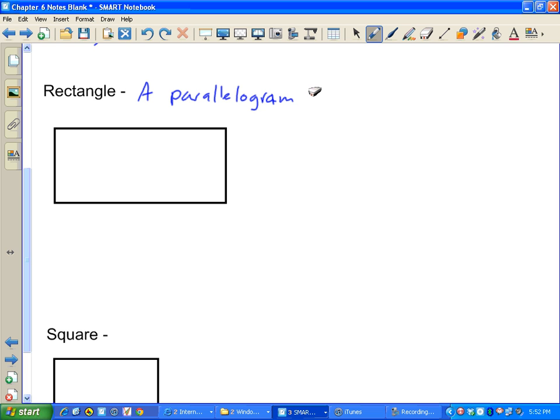And if I have one right angle in here, okay, if this is a right angle, remember this is a parallelogram, that would mean that this has to be a right angle because opposite angles are congruent. So if this is a right angle, that means this is a right angle because these have to be supplementary. So do these. So it's a parallelogram with a right angle.